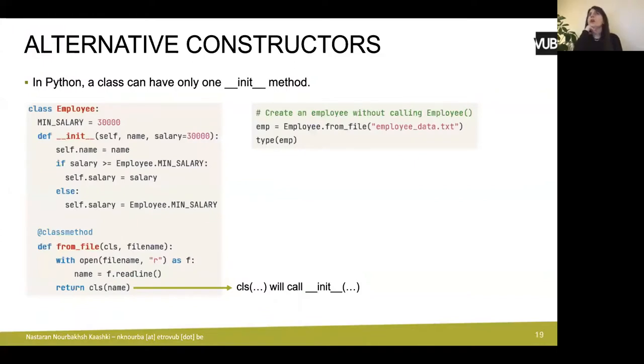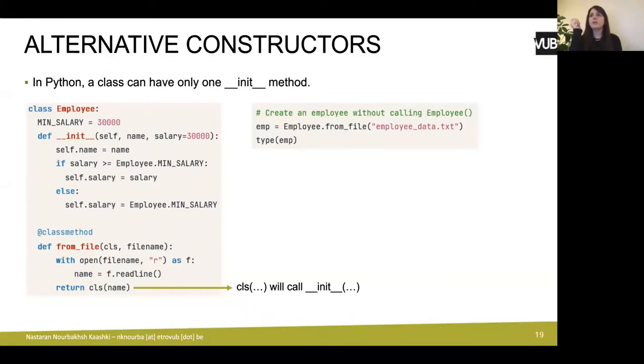If you are already a programmer, you know that, for example, in C++ or other languages, we can define multiple constructors. We have copy constructors, we have a default constructor or other constructors.